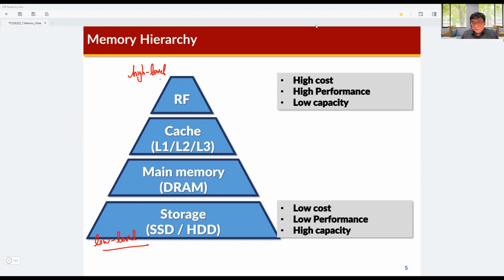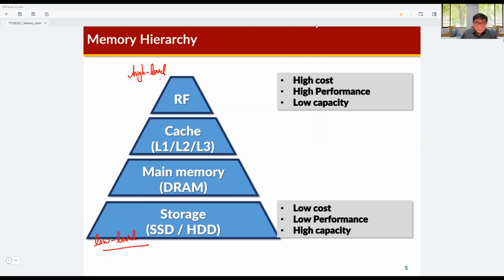Usually in society, the high level means kings or queens or noble people, and the low level means slaves or servants. In the computer system, it is just a machine, a device. So high level means that.